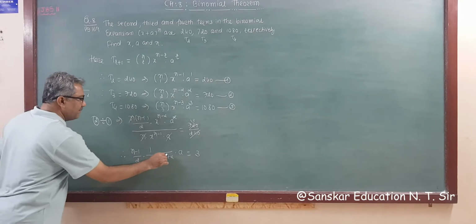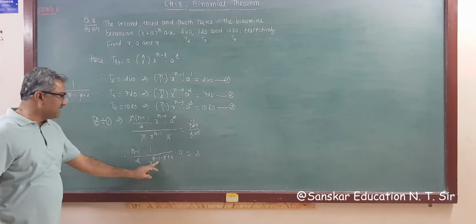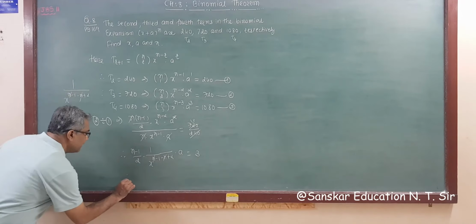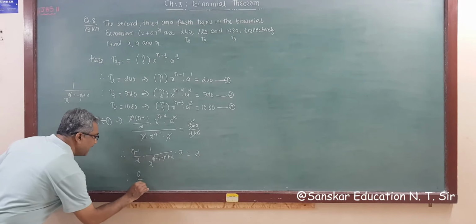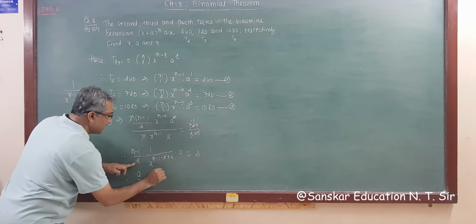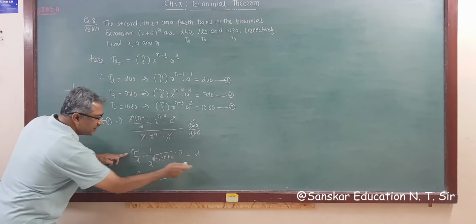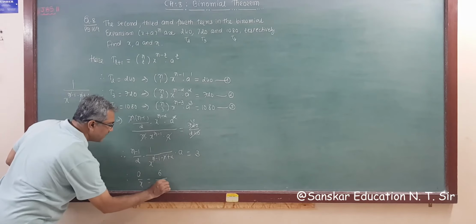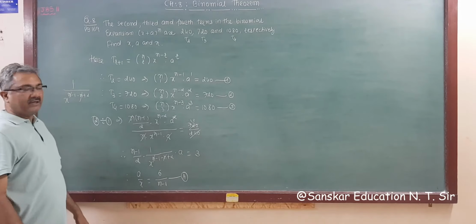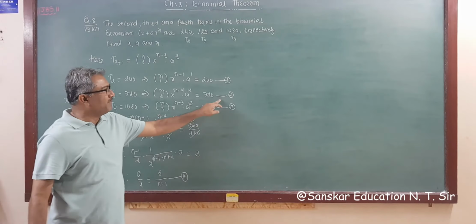So this n will be cut, we get 2 minus 1 is 1, and the power of x is 1. So a by x is equal to, cross multiplying, 3 into 2 is 6, whole upon n minus 1. Say this is result number a.